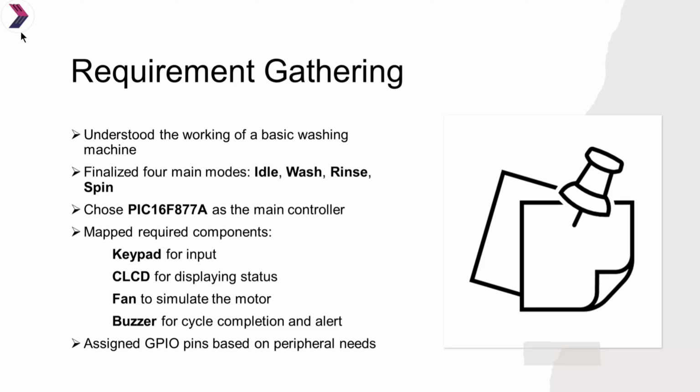Then choosing the microcontroller is the main part of the project, which is the PIC16F877A as the main controller. Then we mapped the required components: keypad for input, CLCD for displaying status, which is output, fan to simulate the motor, which is also output, and buzzer for cycle completion and alert system, which is also an output device. Then we assigned GPIO pins based on the peripheral needs.